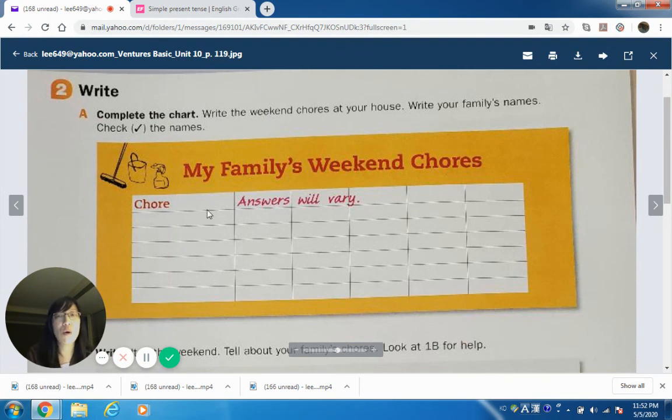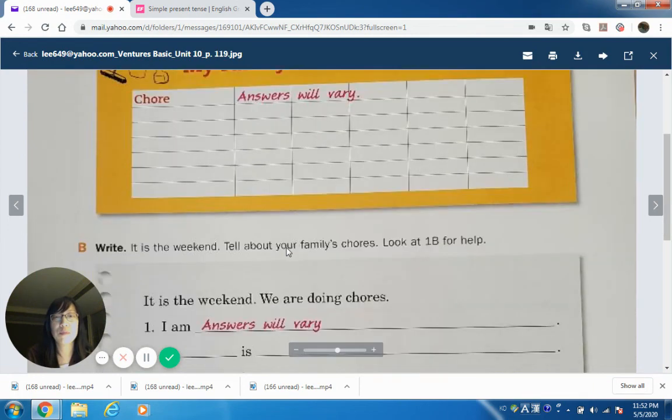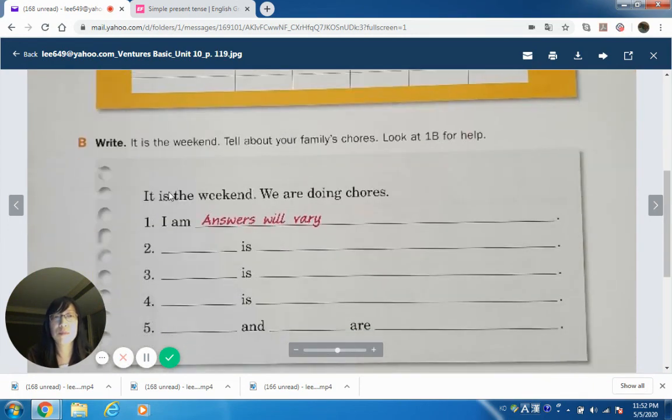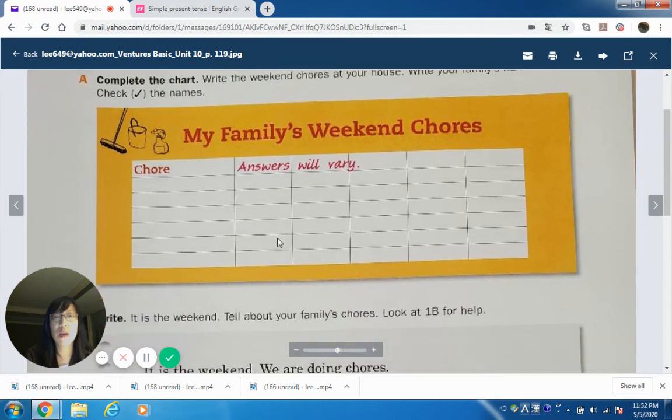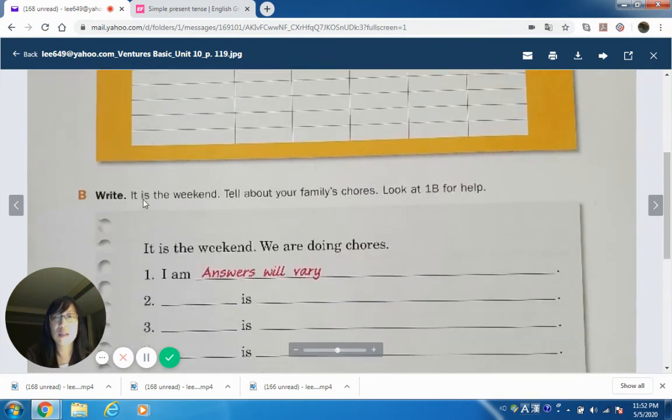So make your own list of chores here. And we're going to designate a person who's going to do which job. Who's going to do which job? Doesn't matter. And write, it is the weekend. Tell about your family's chores.